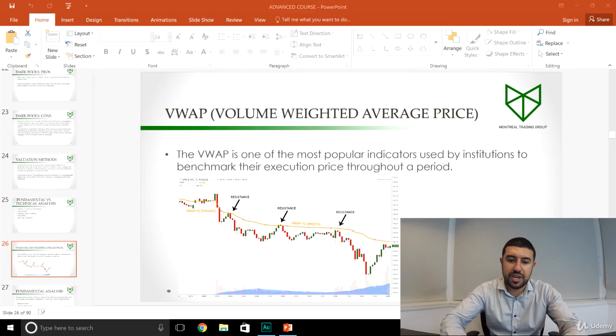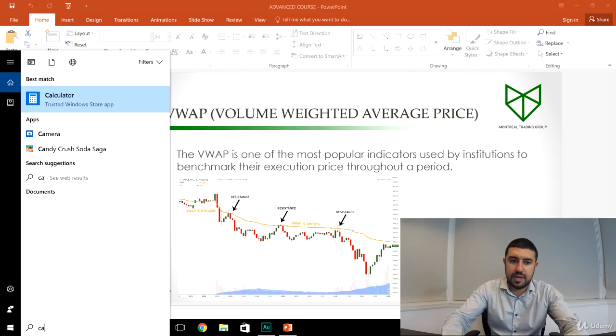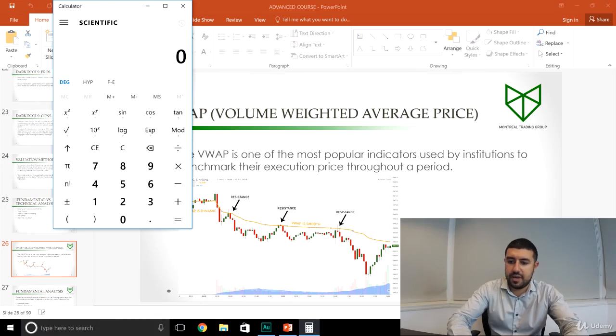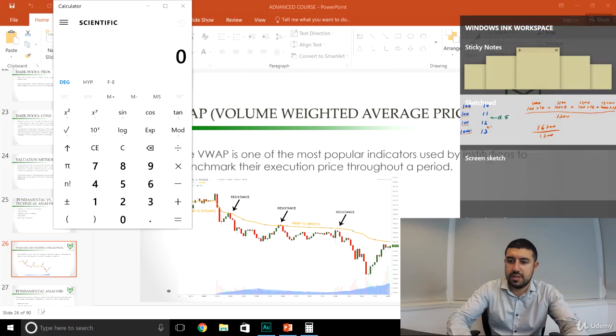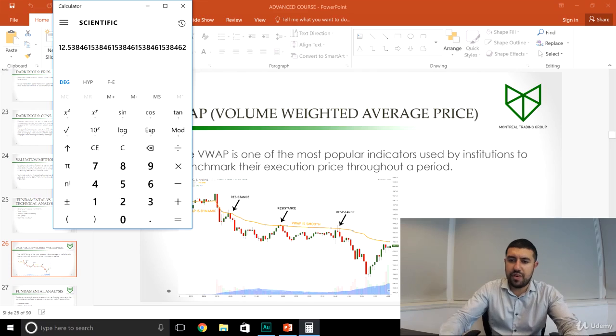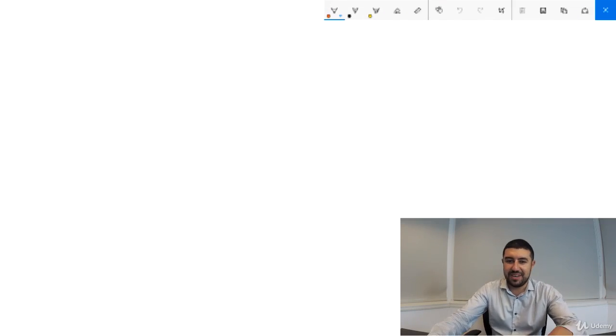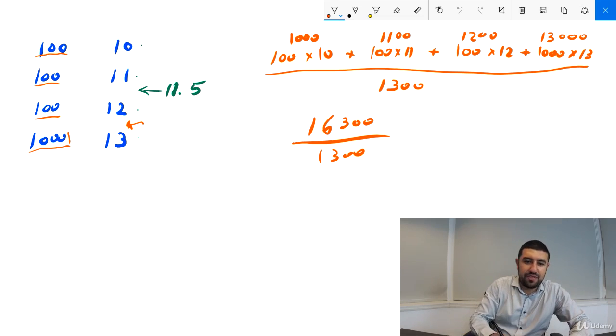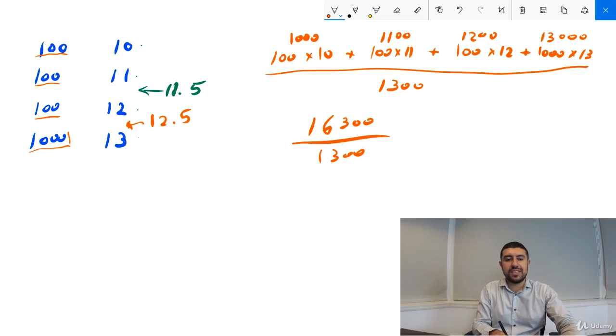Let me use the calculator. We said 16,300 divided by 1,300 is 12.5. Yeah, so I shouldn't have actually calculated that because it was pretty obvious. So about 12.5. So the average volume weighted price is 12.5, not 11.5.